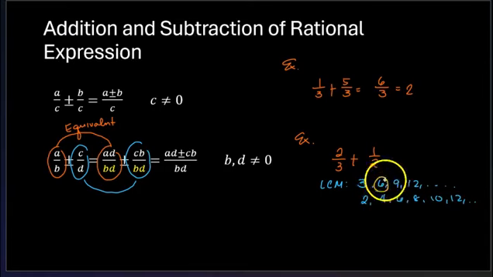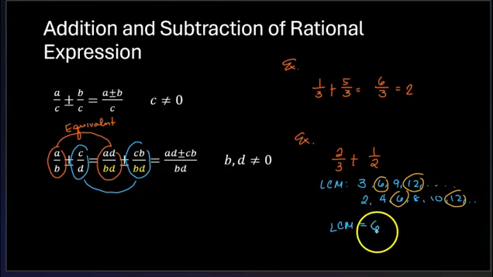This 6 and 12, they are common multiples. They are both multiples of 3 and 2. 12 is also. But if you're looking for the LCM, LCM is the least. So the LCM should be 6.